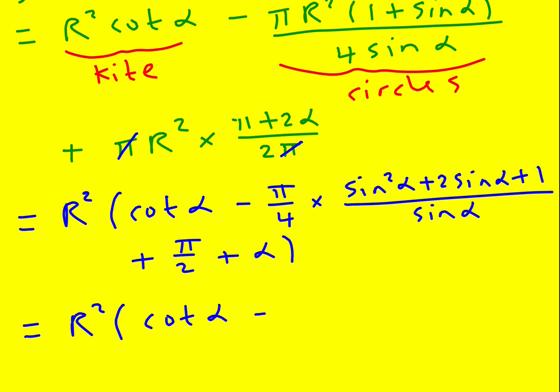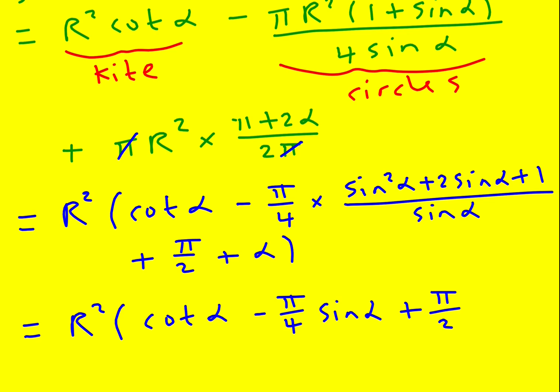I can separate this, so it's going to be pi over 4 sine alpha when I just consider the first term and divide through by sine alpha, plus pi over 2, because when I do pi over 4 times 2 sine alpha over sine alpha, the sine alphas cancel, so I'm just left with pi over 2.